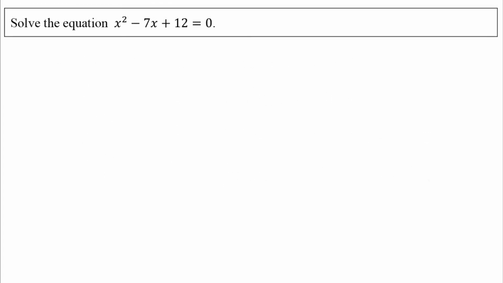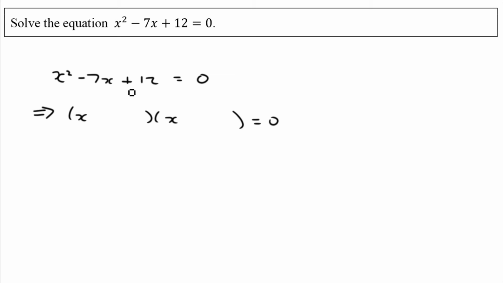When we are trying to solve the equation x squared subtract 7x plus 12 is 0, we cannot just factorise out a common term, but we do have a method for factorising quadratics like this. Let's see if we can do this one on sight. Well, the two constants must multiply together to give us 12.